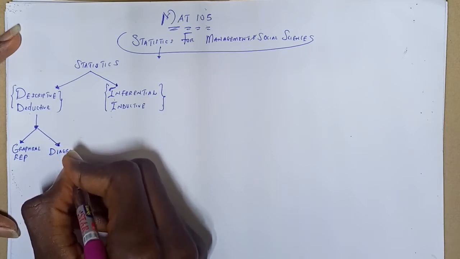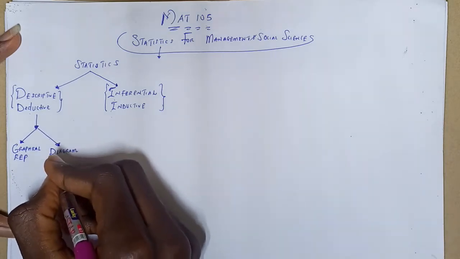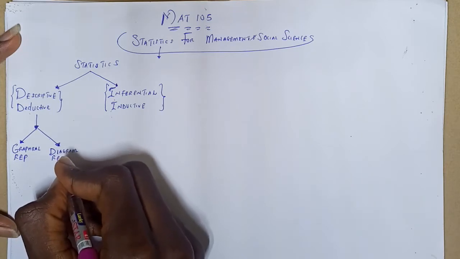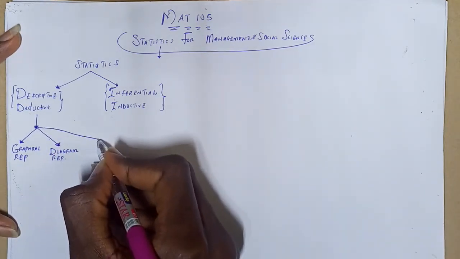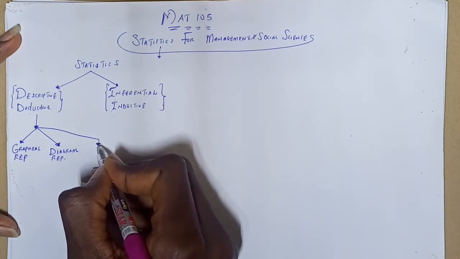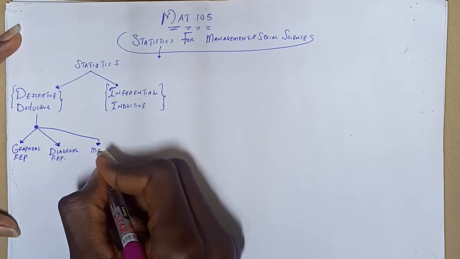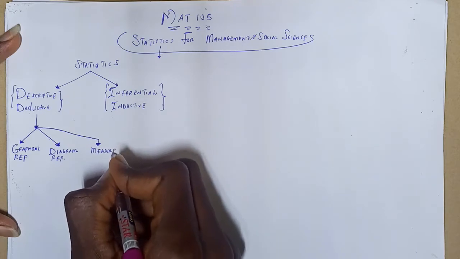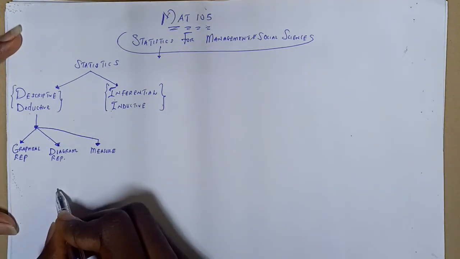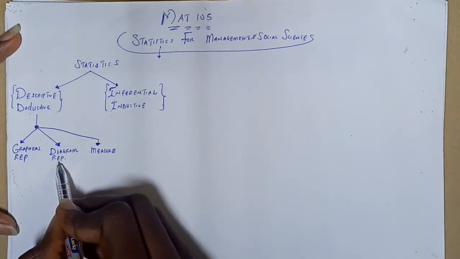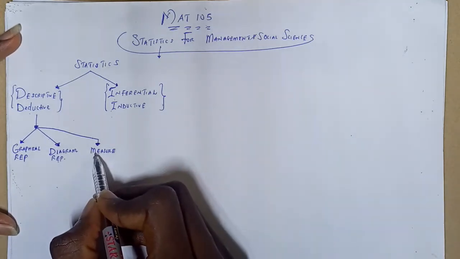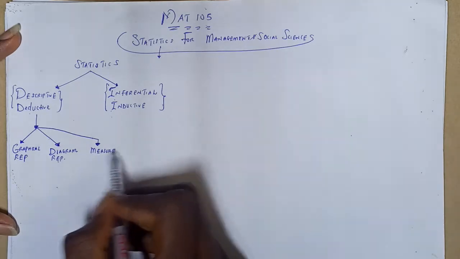We call it diagrammatic representation. And do you know the last one? The last one simply implies you measure those data. Take note. I said we have graphical, we have diagrammatical representation, and we have the mode of measuring the data itself.